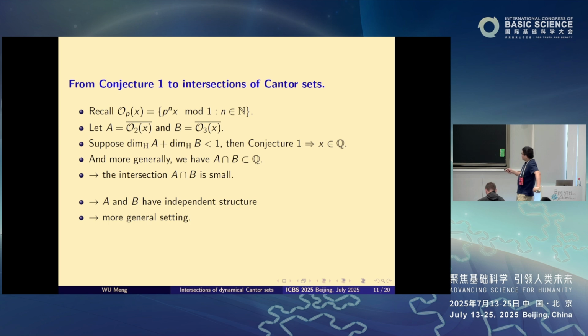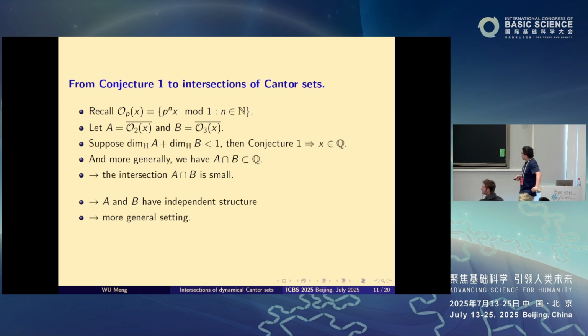the dimension of A plus the dimension of B is strictly less than 1. Then this orbit conjecture implies that x must be an irrational number, because otherwise, if it is not irrational, then it must be less than 1. More generally, this implies that all the points in A and B must be included in irrational numbers.